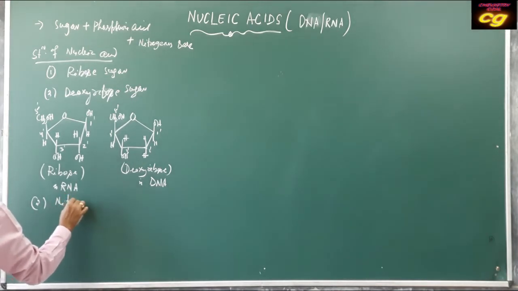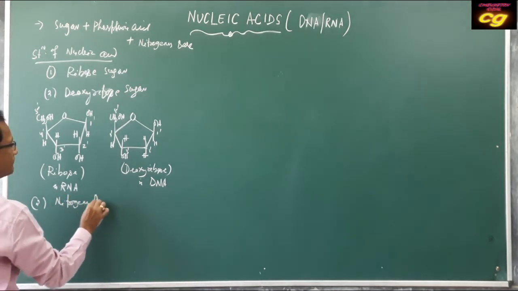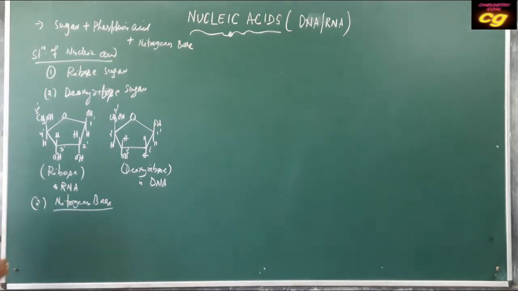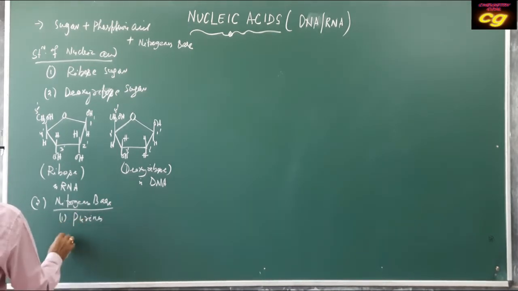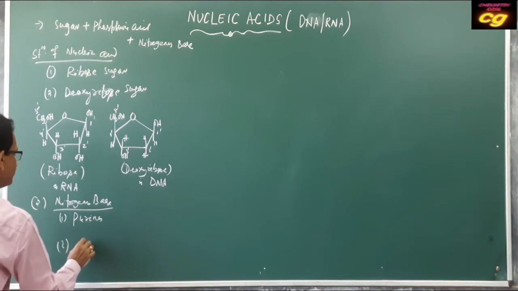Nitrogenous bases are mainly two types. One is purine, the second one is pyrimidine.